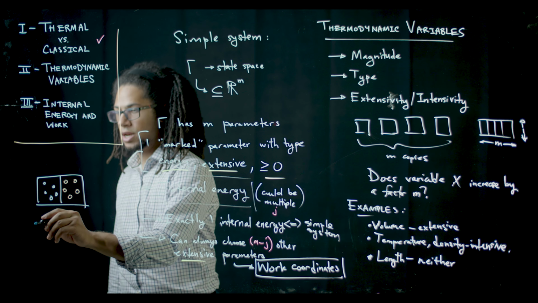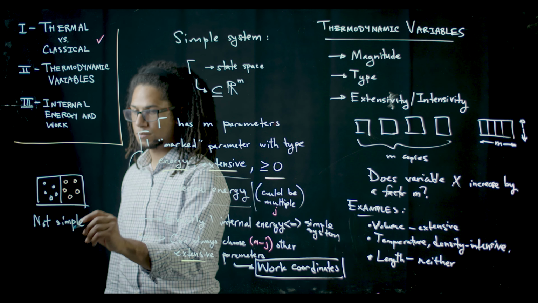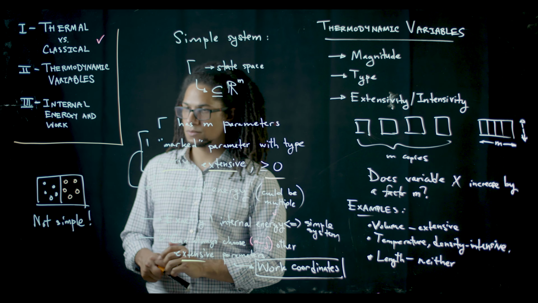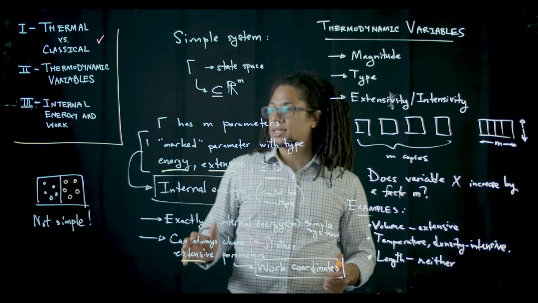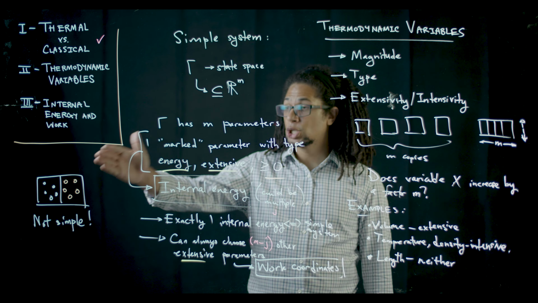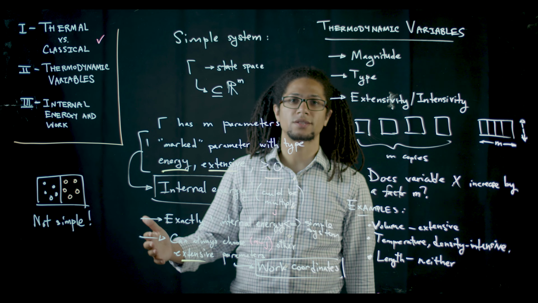So this would be not simple. What we would say instead is that this system has precisely two internal energy parameters, one for the left-hand side and one for the right-hand side.